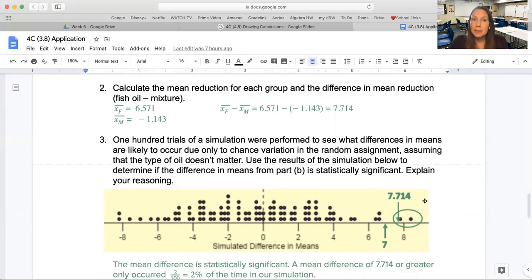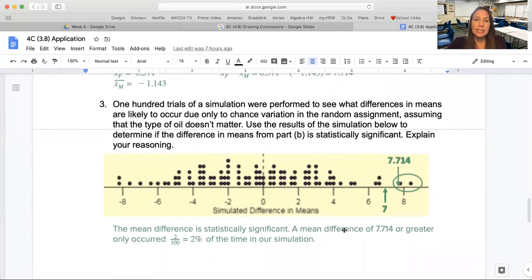So I have labeled on our simulation here that this is 7, and so our value, our 7.714, would be about here. So you can see we have about 2 values that are greater than our difference. And so we know that since there are 100 trials, that would be 2 out of the 100 simulated trials.